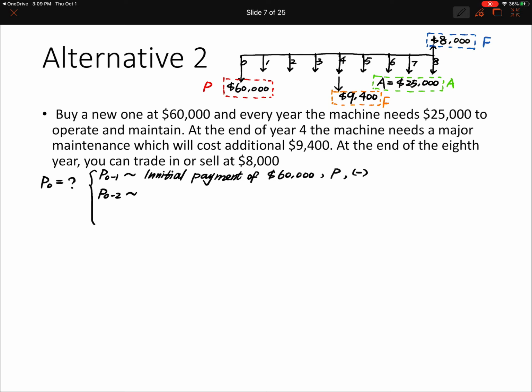And the second part of the total present value is going to be from the 9,400, that's a future value.